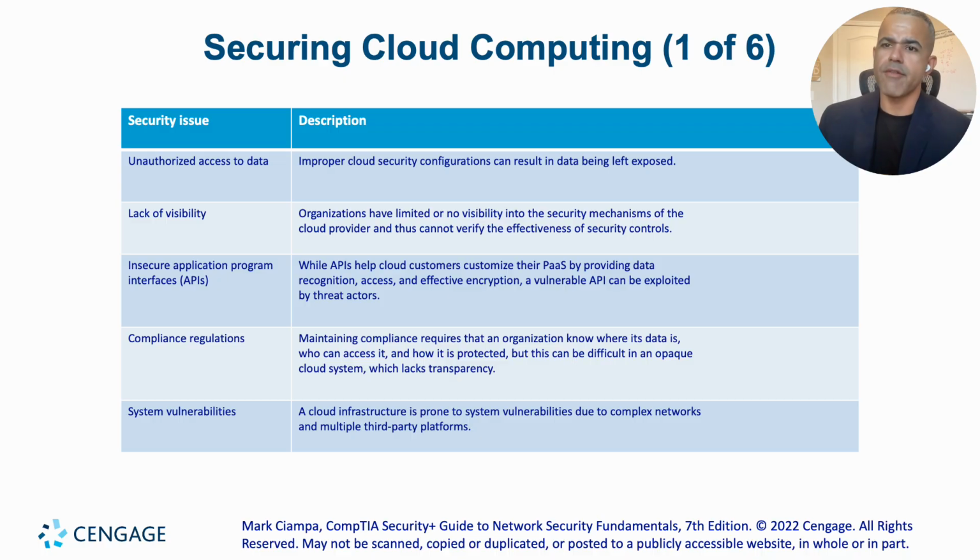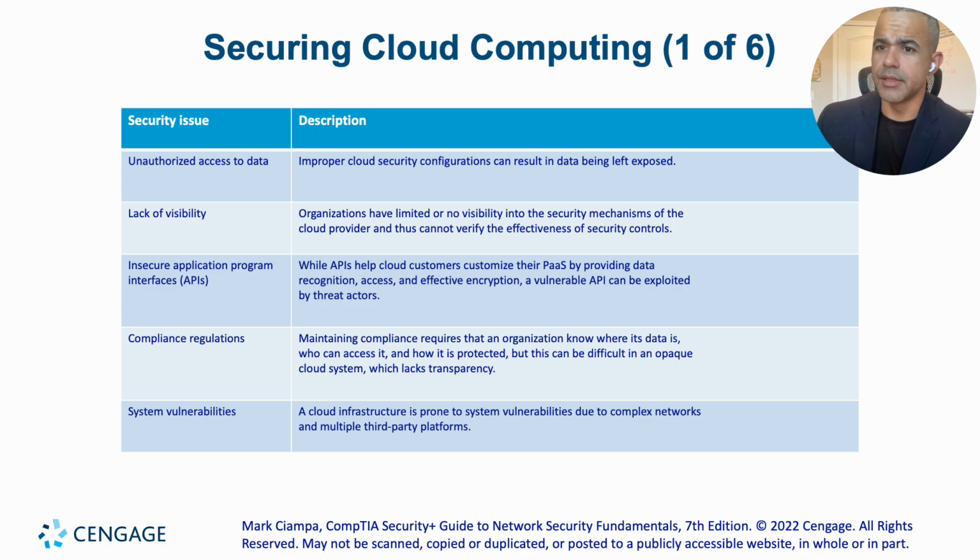Visibility. Since you don't have access to the hardware yourself, you may think that visibility is not really my concern anymore, and that's not true. You still need to make sure that you have security mechanisms, logging, and alerts set up, and some kind of dashboard so that you can maintain situational awareness of everything that's running in that cloud.